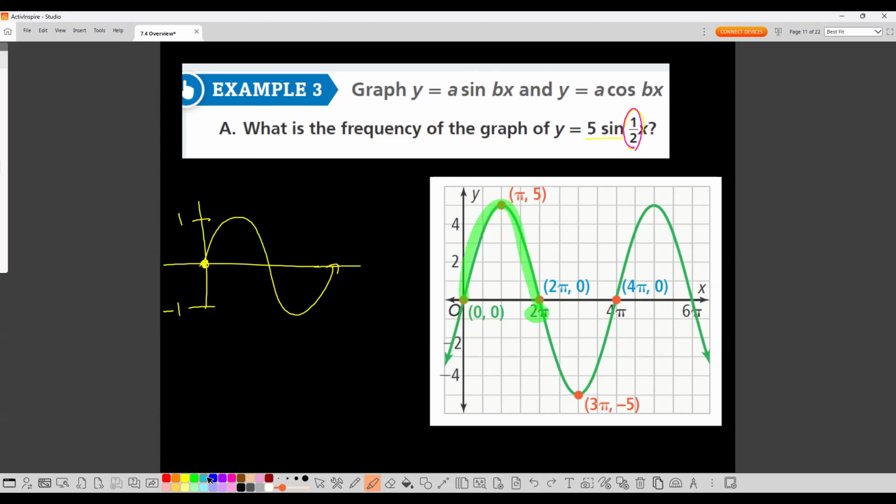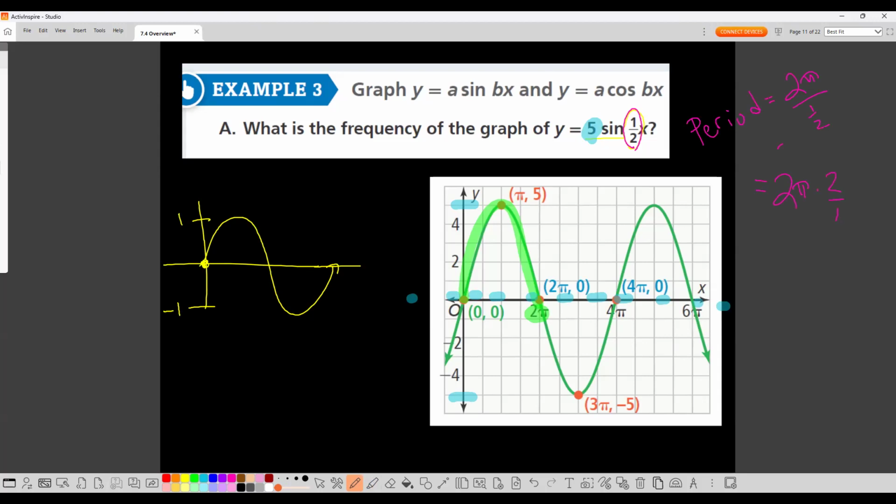Continuing then, so 5, my amplitude, that's how high it goes above and below the midline, that blue dotted line I just put in. And we were asked for the period, to calculate the period here. I don't think it asked that, did it? No. But I would take my normal period, 2 pi, and divide it by the frequency of a half, which is 2 pi times the reciprocal of a half.